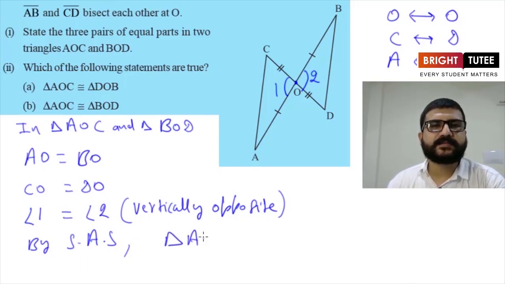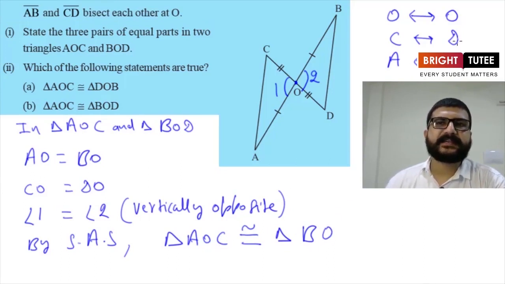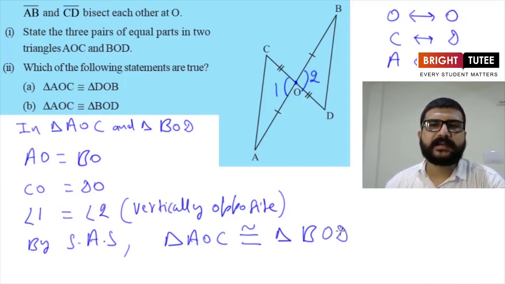Triangle AOC is congruent to triangle BOD because A corresponds to B. So we will write B first, and then we have O, and O corresponds to O. So it will be O here, and then we are having vertex C, and C corresponds to D. We will write D here.